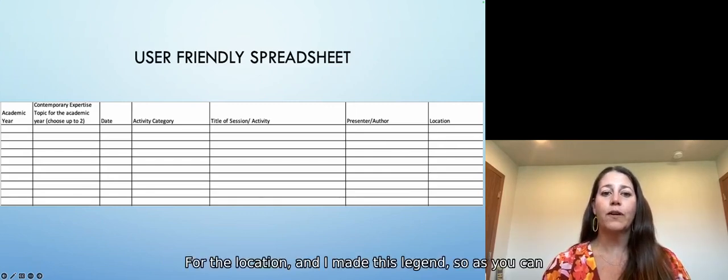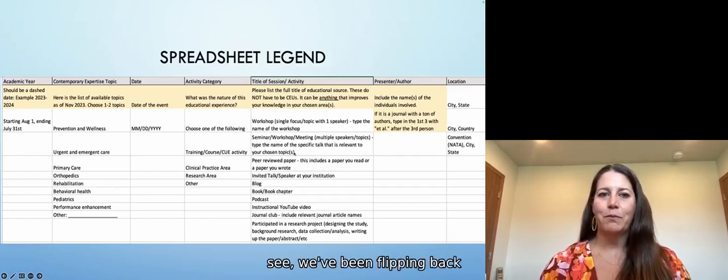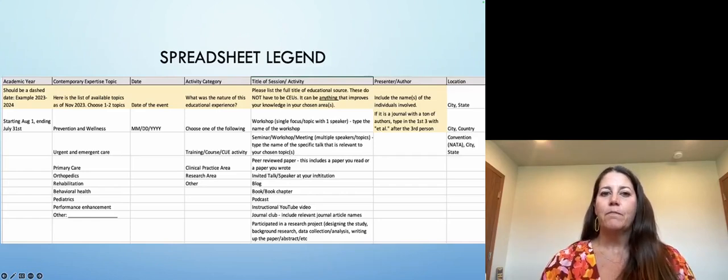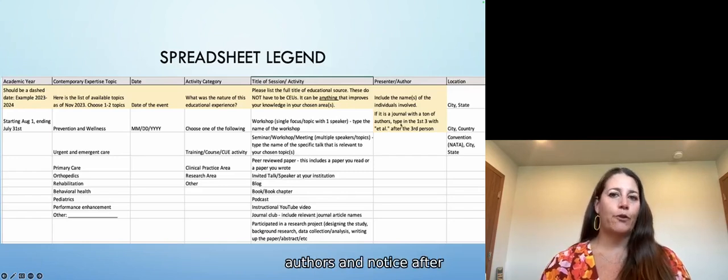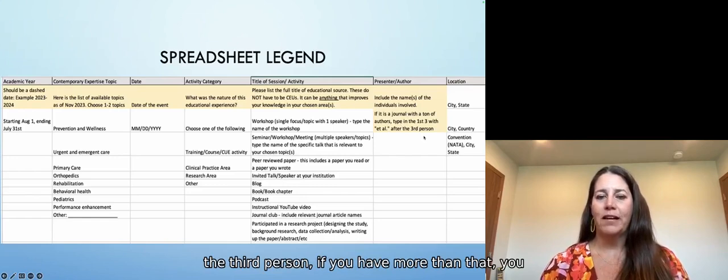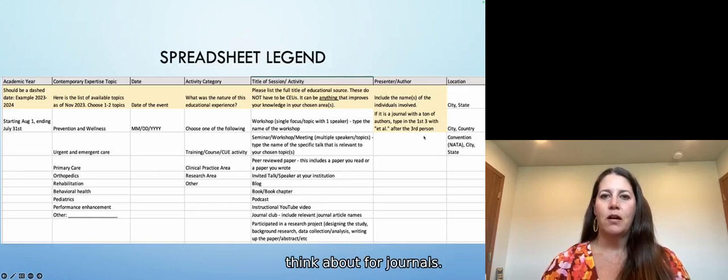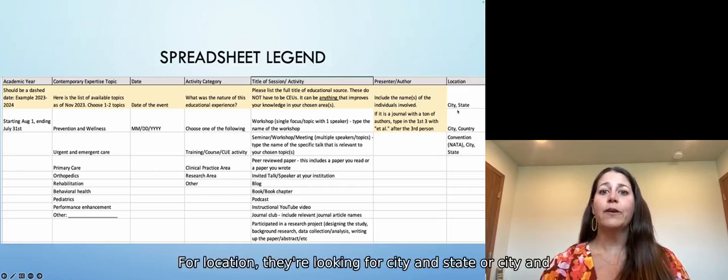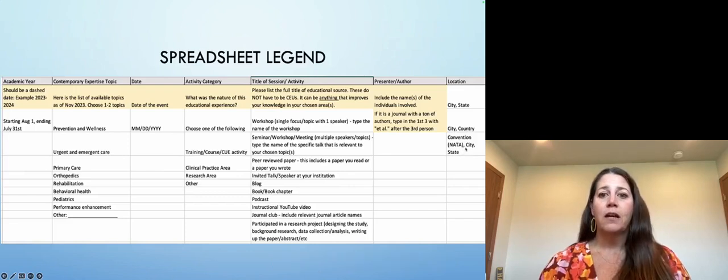And for the location, and I made this legend, so as you can see, we've been flipping back and forth with it. The title of the session, I give you some examples for the authors. And notice after the third person, if you have more than that, you can just put et al., kind of the same as what we think about for journals. And then for location, they're looking for city and state or city and country if it's international.